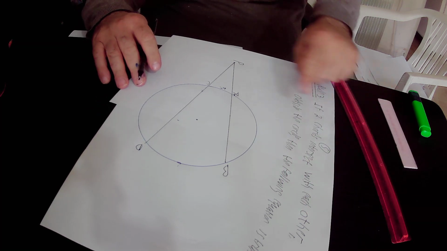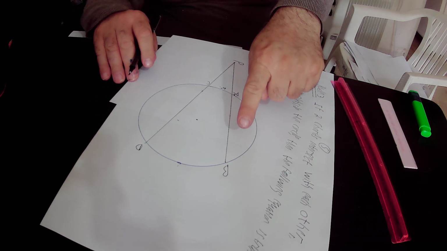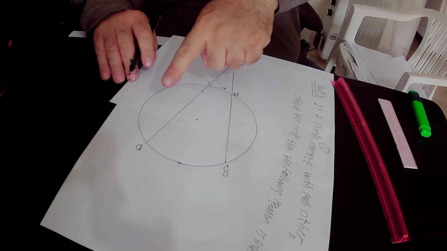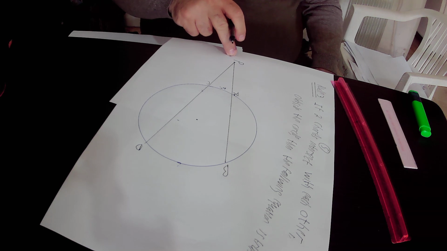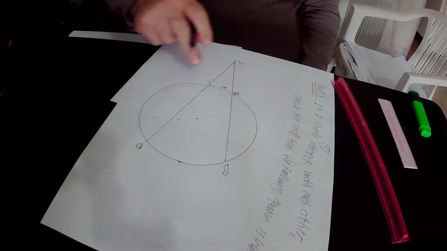I repeat again that chord AB and chord CD intersect with each other at point P. Point P is the intersection point of chord AB with chord CD.